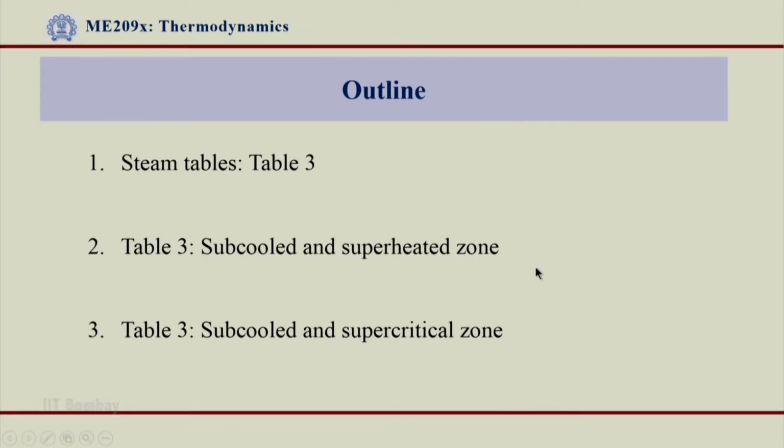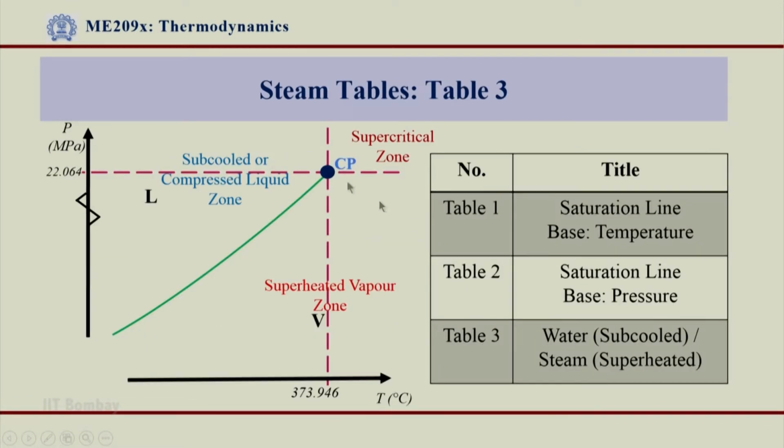Alright. So, let us again go back to our PT diagram and understand how the different properties in table 3 are given. Just to sum up, this is our PT diagram, and anything that lies on this LV saturation line is dealt with by table 1 and table 2. From table 1 and table 2, one can get the properties of all the states that lie on this LV saturation line.